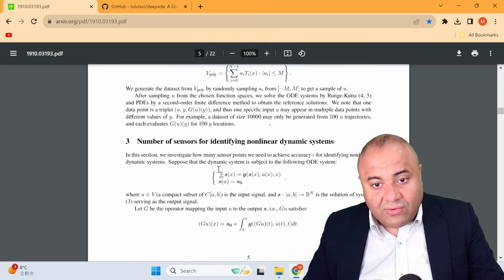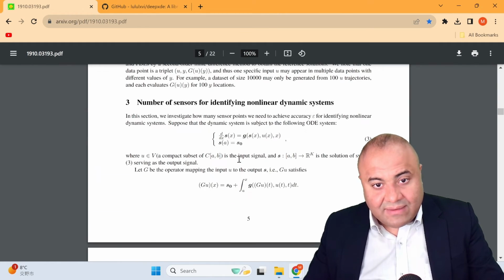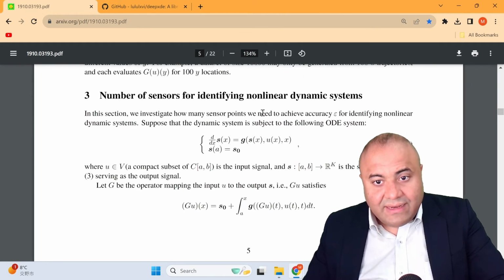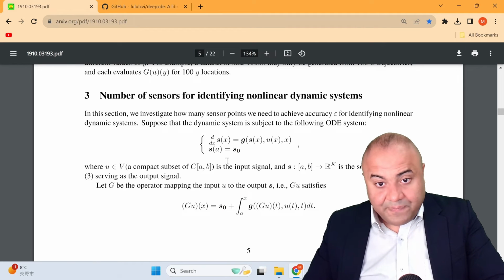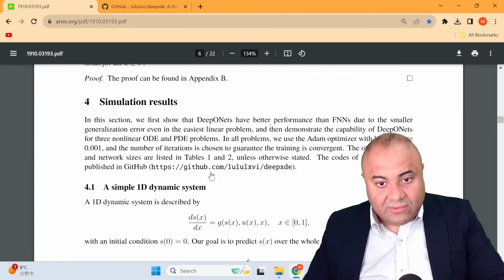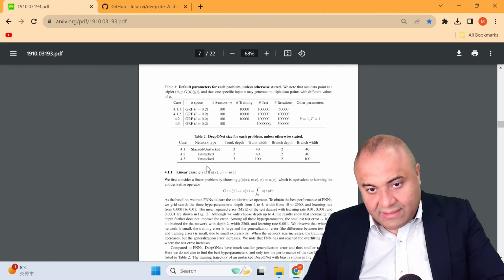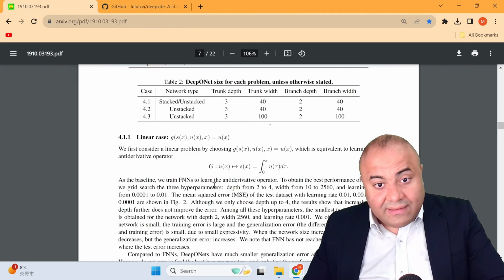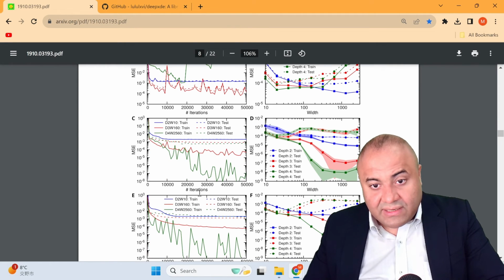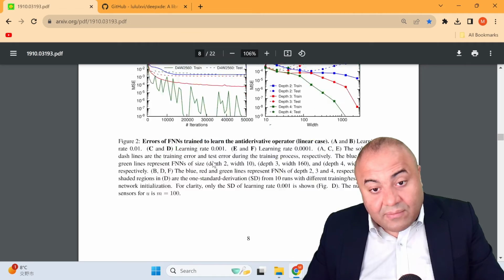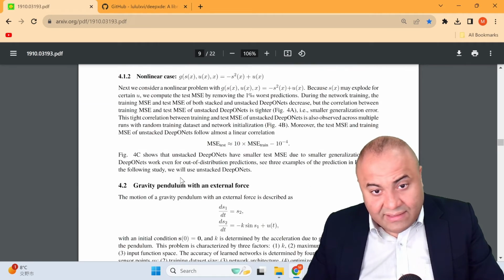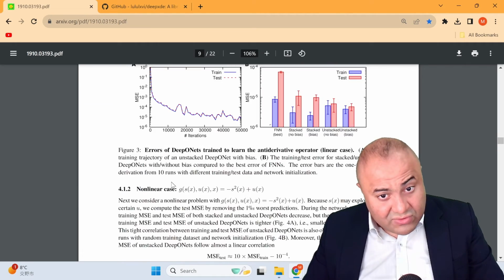They apply it on a physical system, I think this one, a nonlinear dynamic system. So they apply this network on this problem, and then you can see here they perform integration and show some results. And the other one is, I think, solving diffusion.